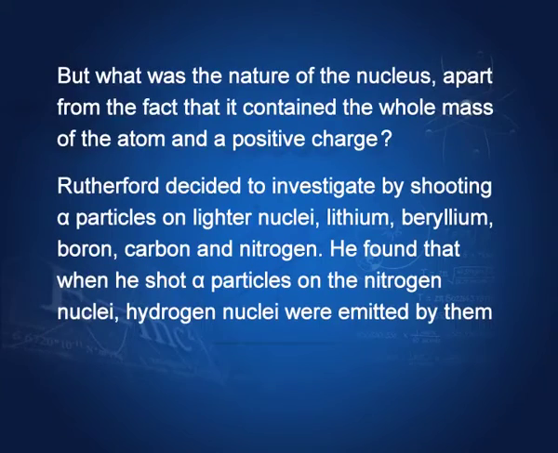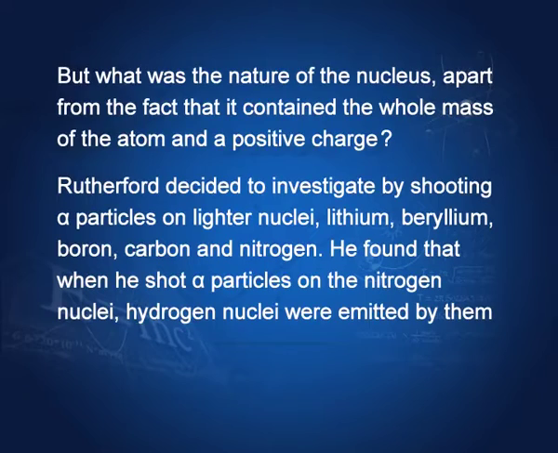But what was the nature of the nucleus, apart from the fact that it contained the whole mass and charge of the atom? Rutherford decided to investigate this matter by shooting alpha particles on lighter nuclei like lithium, beryllium, boron, carbon, etc. He found that when he shot alpha particles on the nitrogen nuclei, hydrogen nuclei were emitted by them.